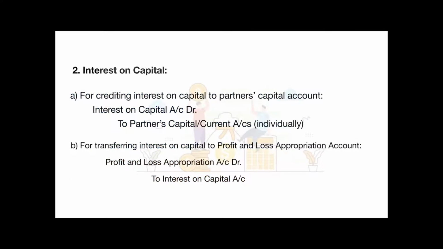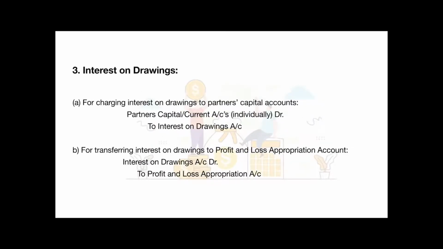Interest on capital. For crediting interest on capital to partner's capital account, the journal entry is interest on capital account debit to partner's capital or current accounts individually. For transferring interest on capital to profit and loss appropriation account, journal entry will be profit and loss appropriation account debit to interest on capital account. 3.